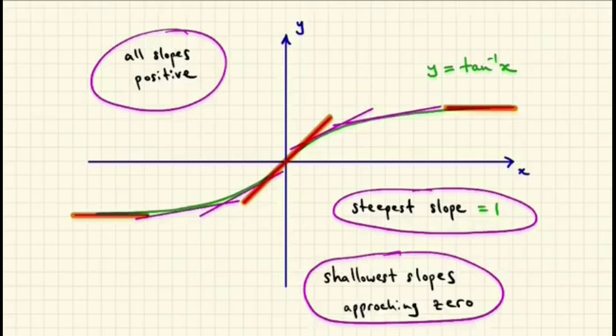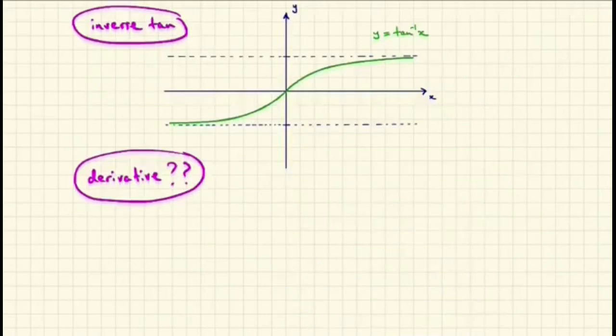The slopes of tangent lines are just the derivatives, and this behavior suggests that the derivative of the inverse tangent function behaves qualitatively like the function that gives rise to the witch of Maria Agnesi.